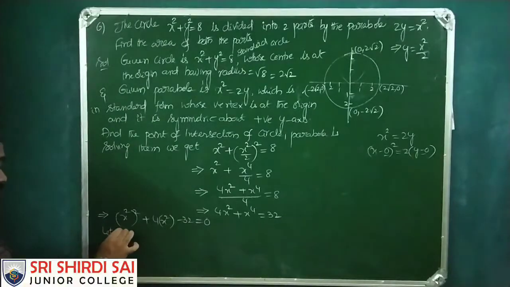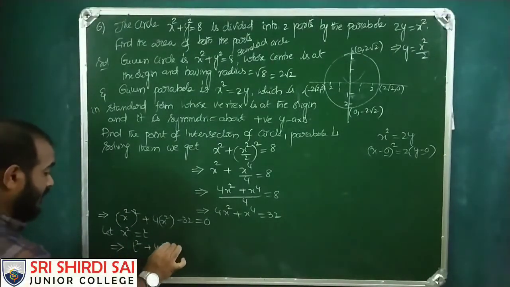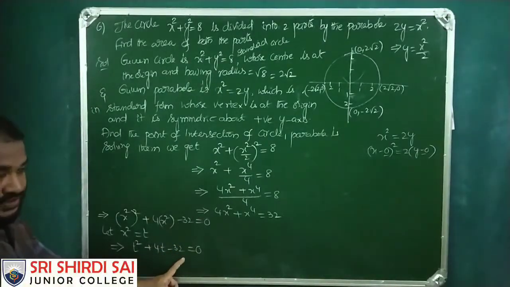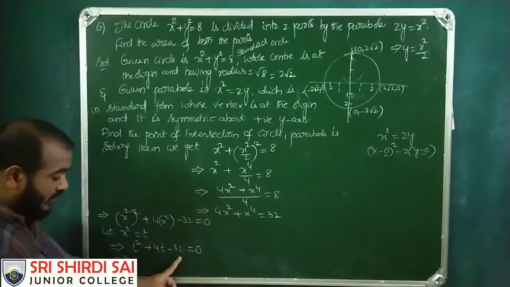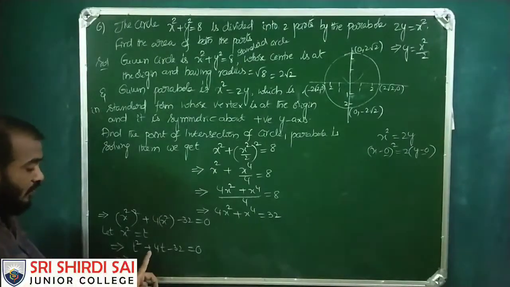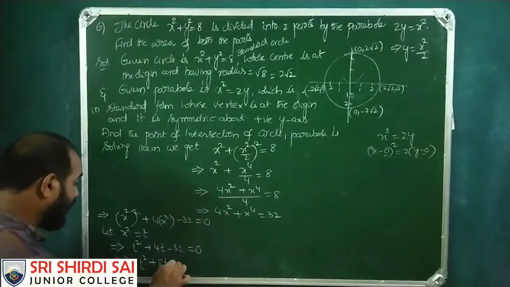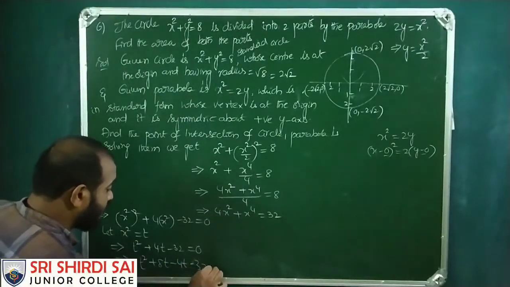Let x square equal t. This is t square plus 4t minus 32 equals 0. This is a quadratic equation in terms of t, therefore it must have two roots. Here 8 4s are 32, and 8 minus 4 is 4. So t square plus 8t minus 4t minus 32 equals 0.